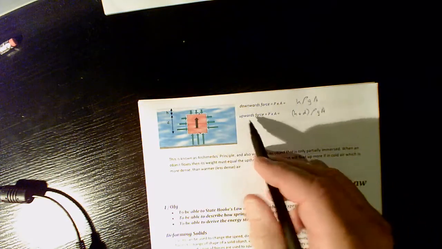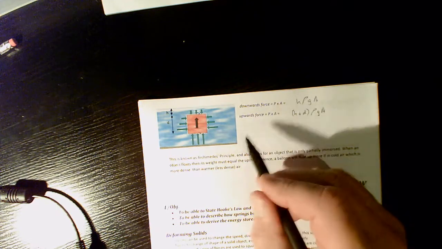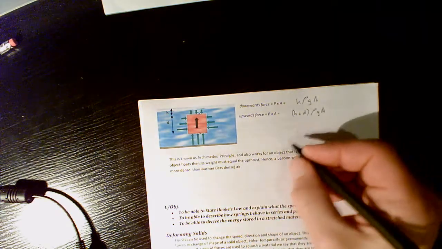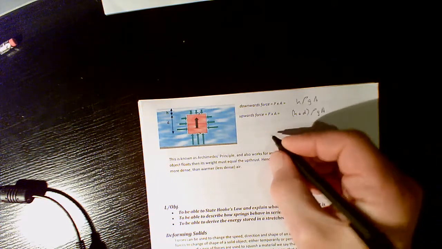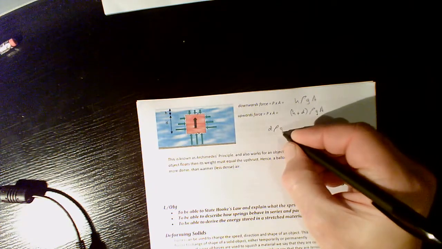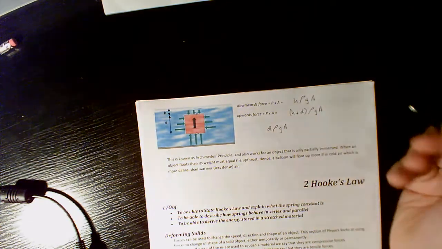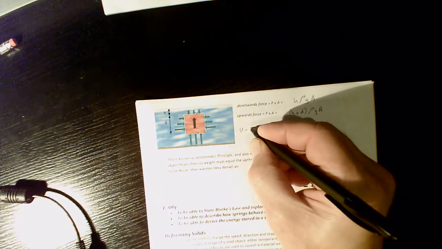So if you subtract them, that's our total upwards force, that's our total downwards force. We take the bigger one, subtract that one, and we end up with d rho g A. So that's upwards subtract downwards.